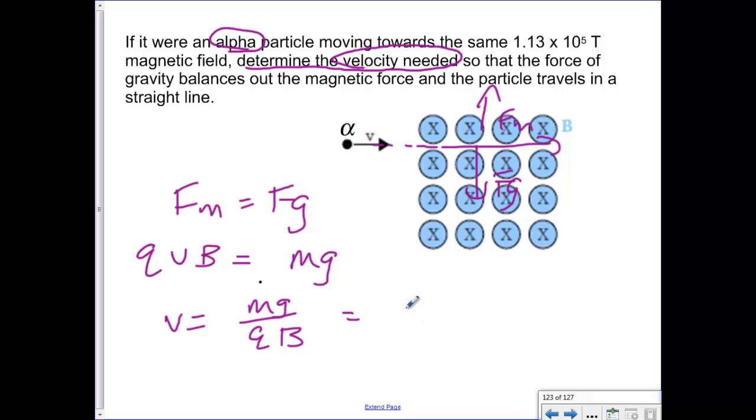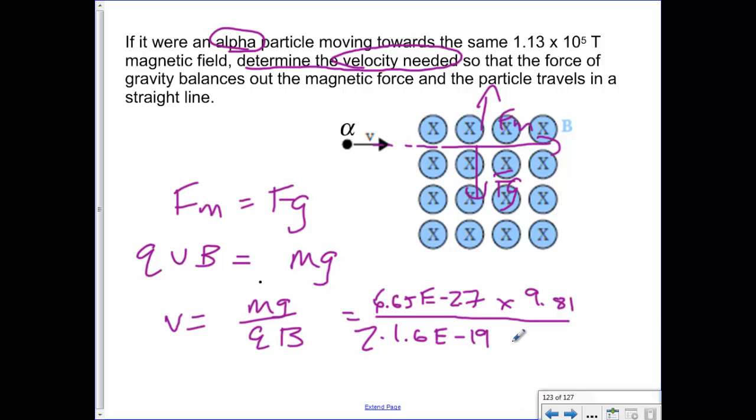So, anyone got the mass of an alpha particle? 6.65 times 10 to the negative 27. Thank you. Gravity, probably 9.81. I'm assuming we're on Earth. Charge is 2 of the elementary charges. And field strength is the same as last time.